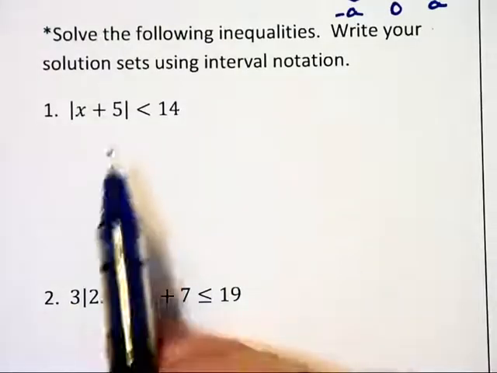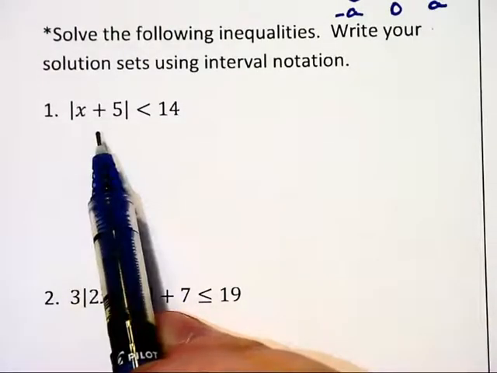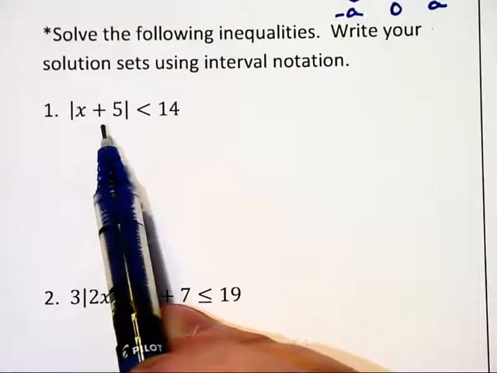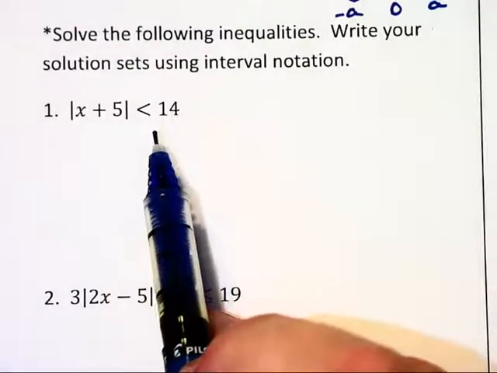In this first problem, we already have the absolute value isolated on the left. It's saying the distance x plus 5 is from 0 on the number line is less than 14. Well, that's a little bit harder to picture.